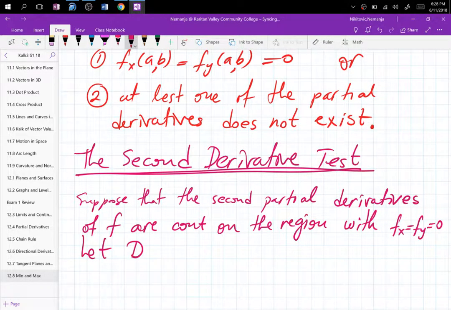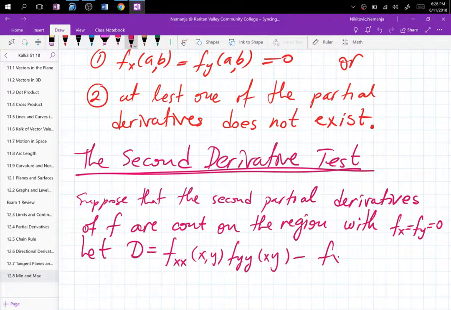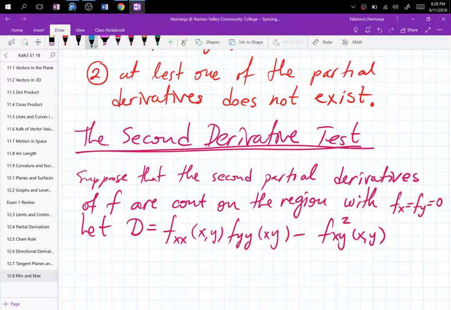Let D, which is a type of discriminant, be fxx times fyy minus fxy squared, computed at (a, b). This is the formula that you will use a lot.